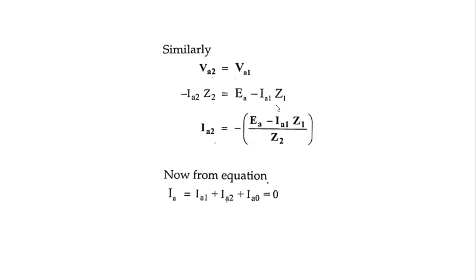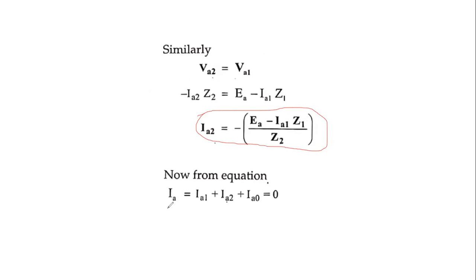From this equation we write down the IA2 value. Therefore, IA2 is equal to minus of (A minus IA1 into Z1) by Z2.